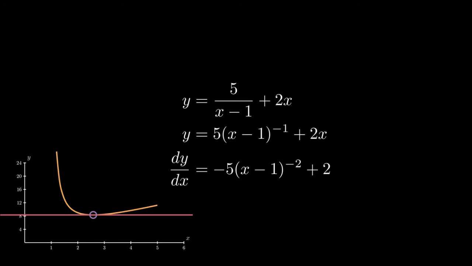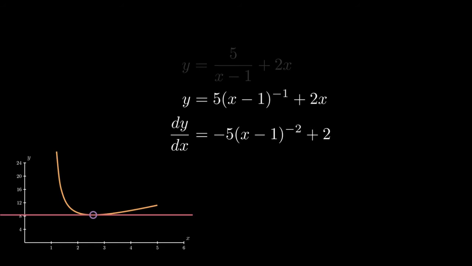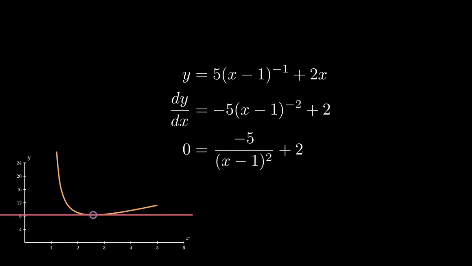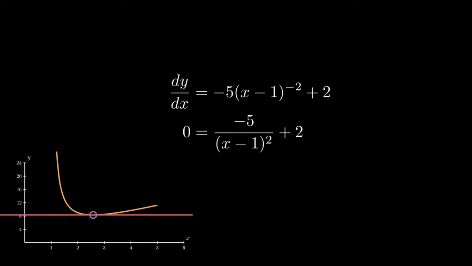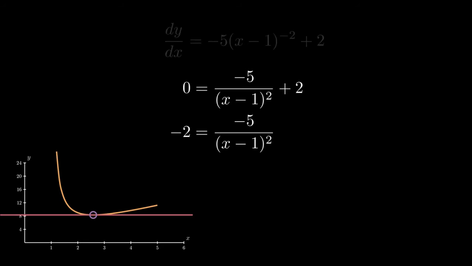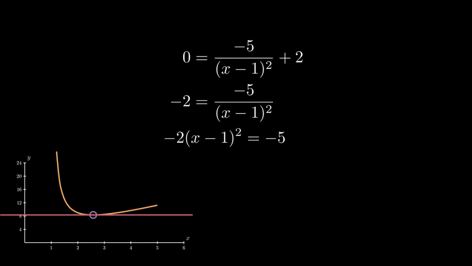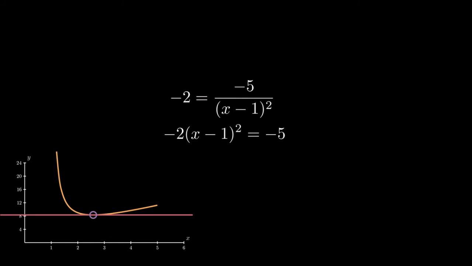Okay. Now we need to set the derivative to 0 and solve for x. So I'm going to move that x minus 1 back down to the denominator. It becomes positive power 2. And we go ahead and solve this. Subtract 2 from both sides. Then you multiply by the denominator. And then here I have both signs negative.